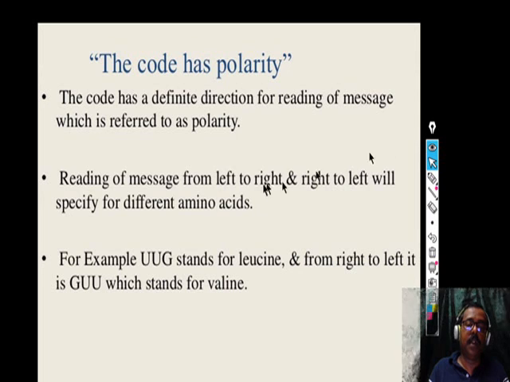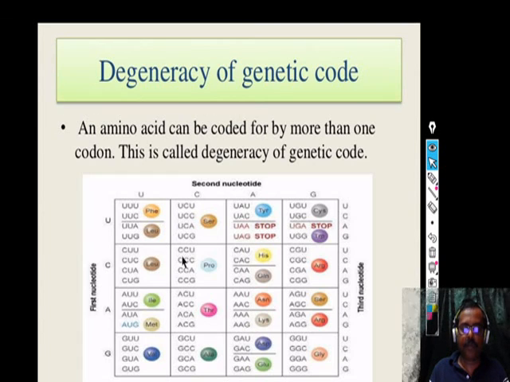For example, in case of U, if it is coded from 5' to 3' in direction, it codes for leucine, but if it is from 3' to 5' in direction, then it codes for valine, another amino acid. So the meaning will be changed in the protein. That's why the genetic code has a polarity. It is always read from 5' to 3' in direction.